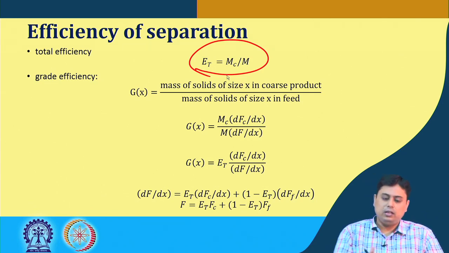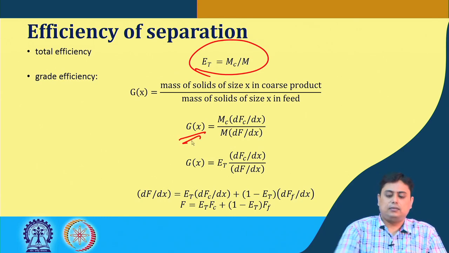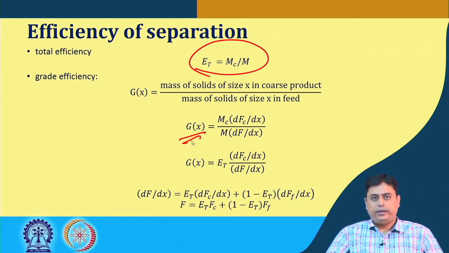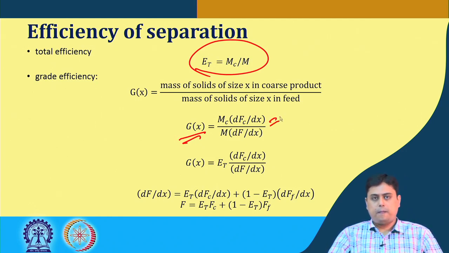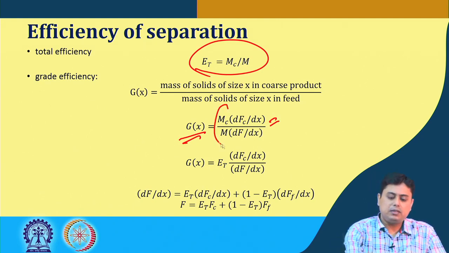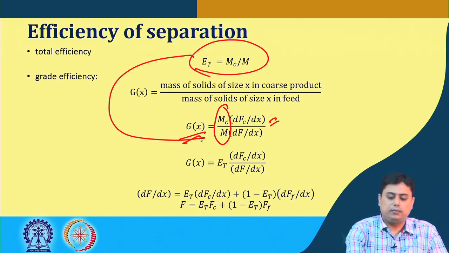By this definition, the grade efficiency Gx can be written in this form. And again, we have seen that MC by M is basically the total efficiency.